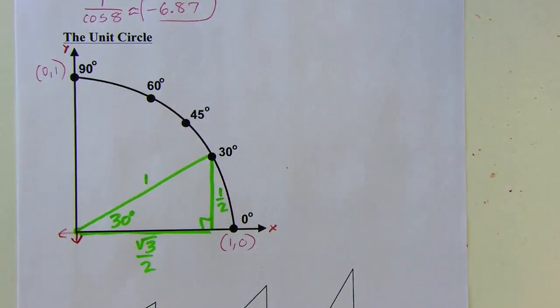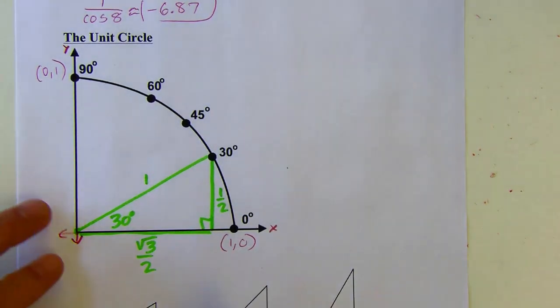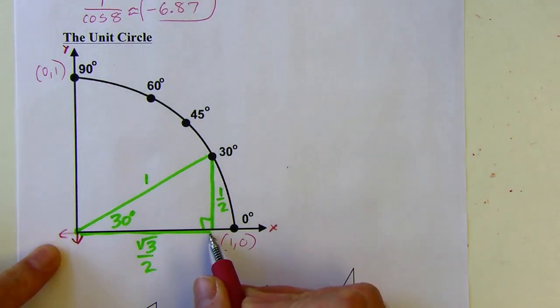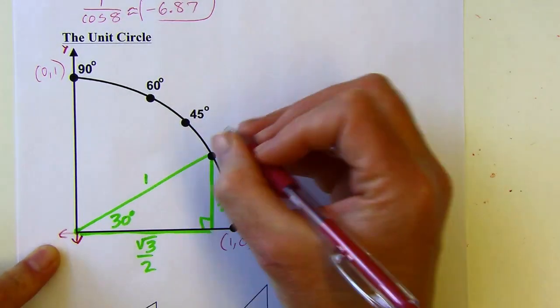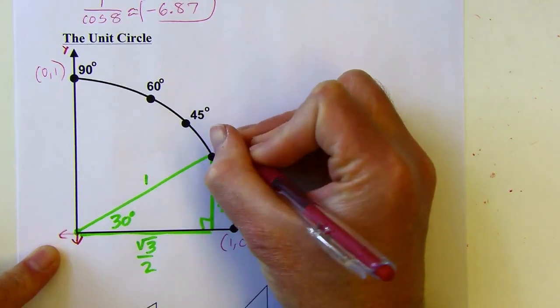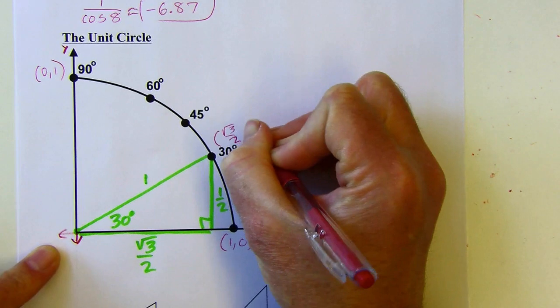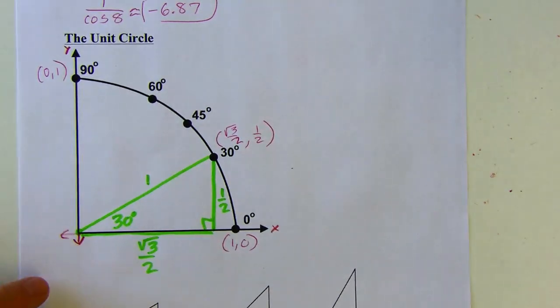Okay? Now that I've got the 2 legs of this triangle filled out, I can figure out what the coordinates here are, because I've gone right root 3 over 2 and up 1/2. Okay? All right.